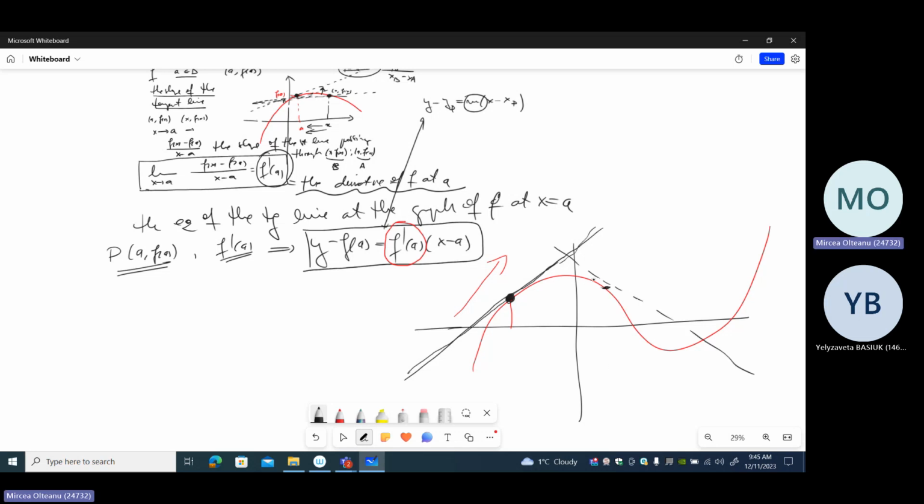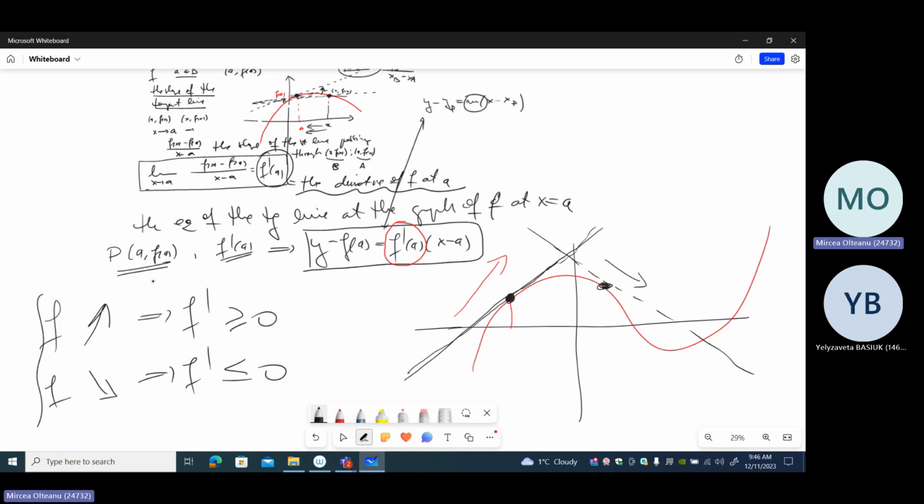Here, the function is decreasing. The tangent line is going down. Its slope will be negative. So we discover the following. In a region where the function is decreasing, the derivative is negative. If the function is increasing, the derivative is positive. If the function is decreasing, the derivative is negative.